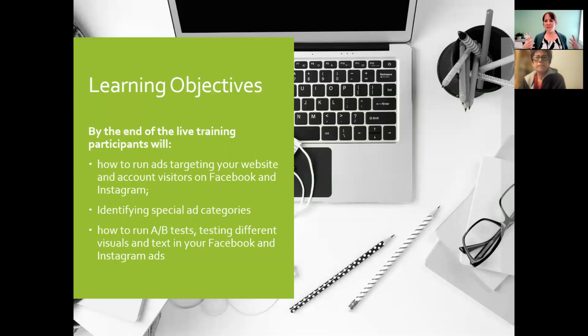So learning objectives. What are we going to get out of today's session? For those of you who know me, I do teach at St. Lawrence College, so I'm all about making sure you get the tools you need to make your social media successful. By the end of today's live training, you are going to be learning how to run ads targeting effectively.